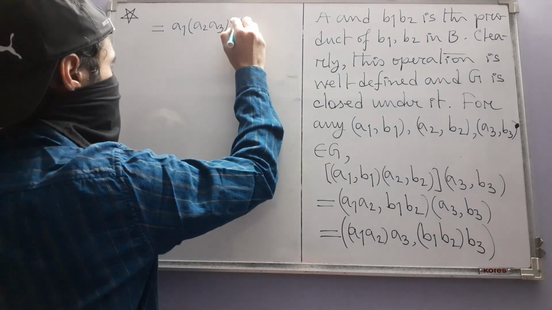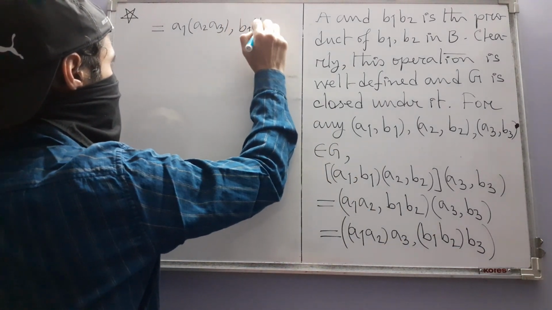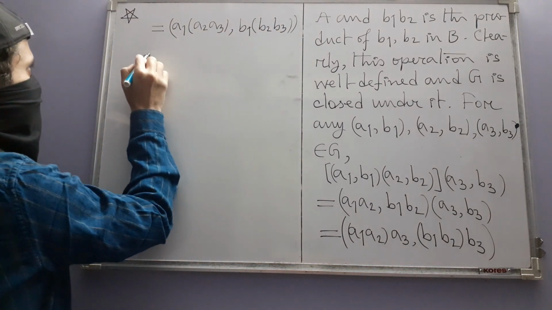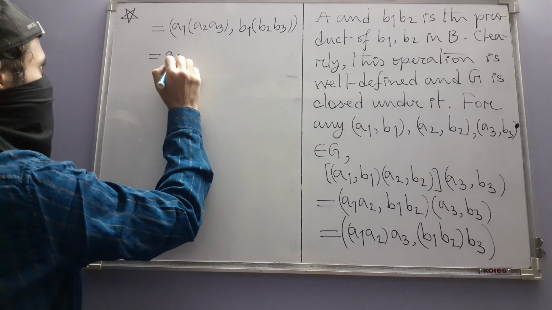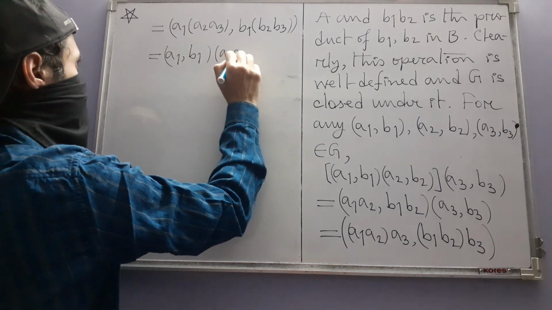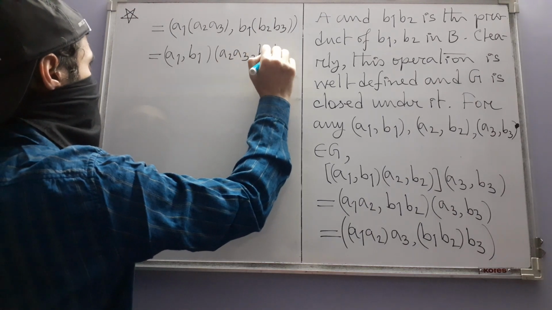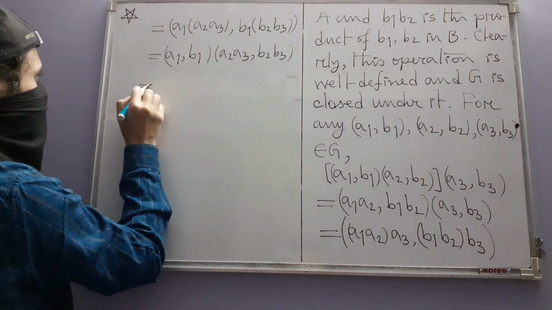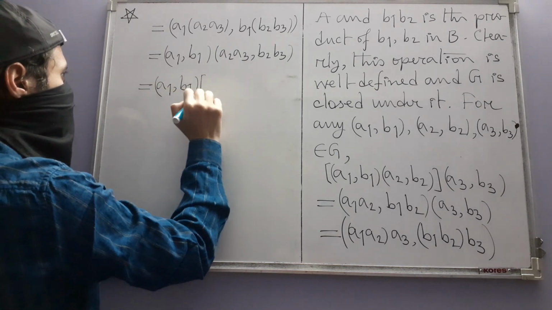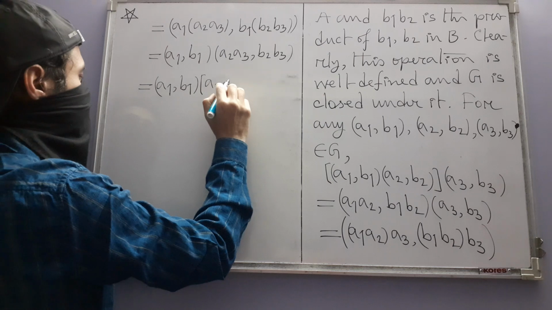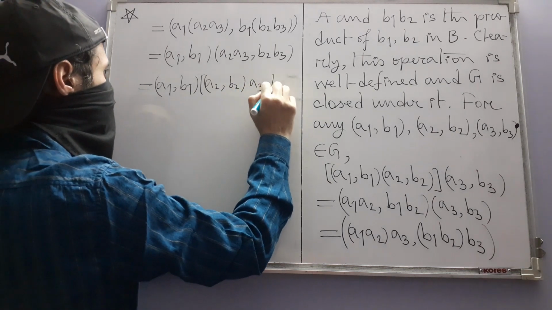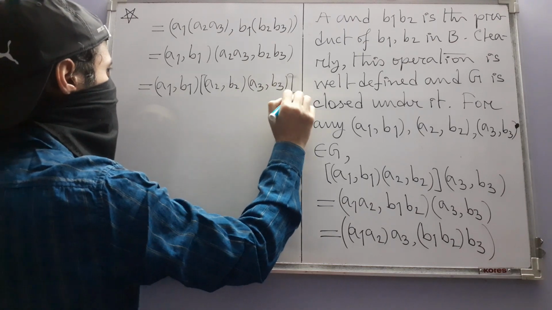Similarly, for that other product also, it can be written like this, and then this is equal to A1, B1, A2, B2, A3, B3.